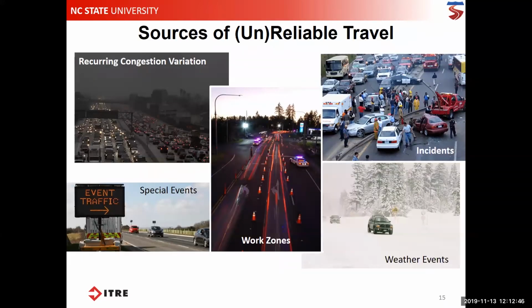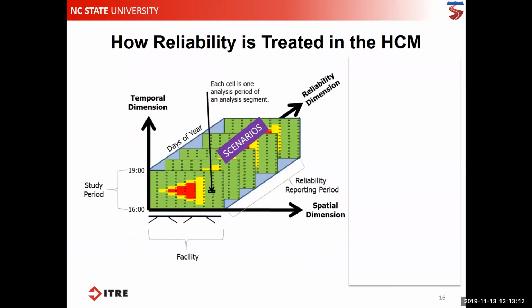So these are the sources that are accounted for in the model. Obviously, even within recurring congestion, it could vary by day of week, it could vary by month of year. That is accounted for. Special events, of course, work zones, weather events, and primarily incidents. So how do we treat those events in HCM6? It is through a series of scenarios. And you can think of scenarios as individual days of the year.